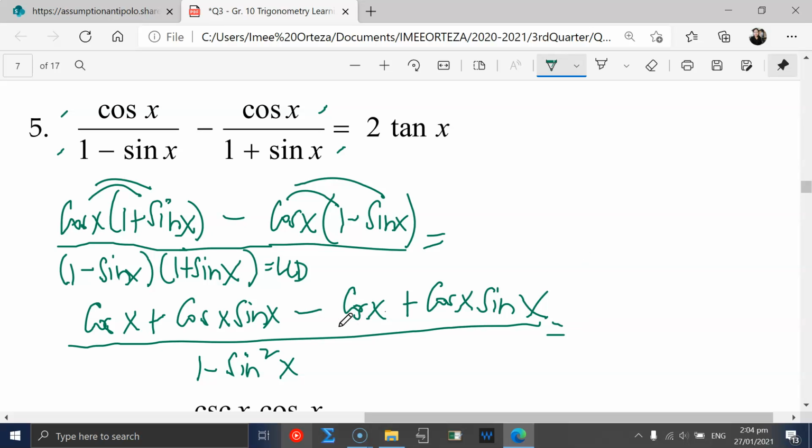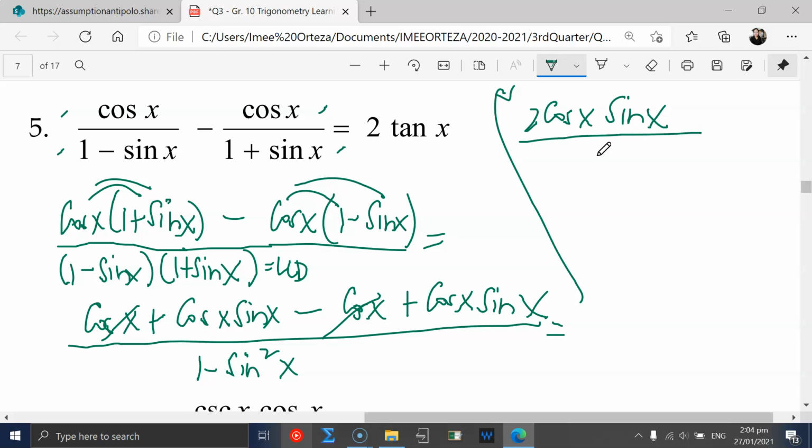Okay, so notice that these two terms can be cancelled because they have opposite signs. And so the term cosine x sine x, and there's another term that says cosine x sine x, by the rule on combining like terms in algebra, you can put them together as 2 cosine x times sine x over, by Pythagorean identity, 1 minus sine squared x can be written as cosine squared x.